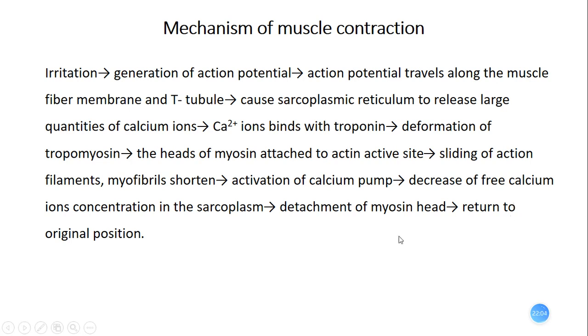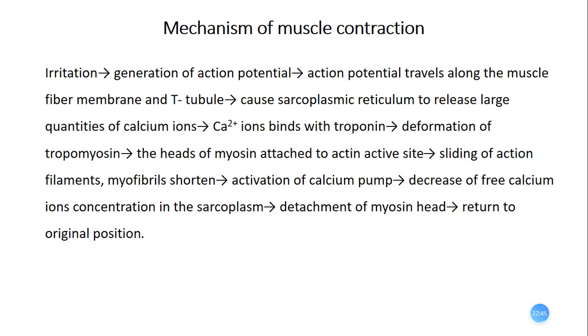Then the action potential travels along the muscle fiber membrane in the same way that action potentials travel along the nerve fiber. The action potential depolarizes the muscle membrane, and much of the action potential electricity flows through the center of the muscle fiber, and it causes the sarcoplasmic reticulum to release a large quantity of calcium ions, which are stored within the reticulum.